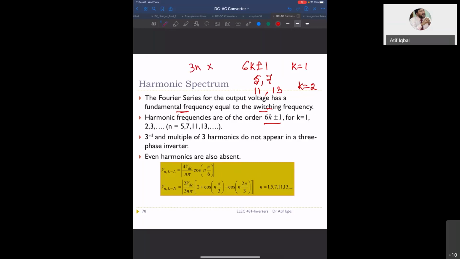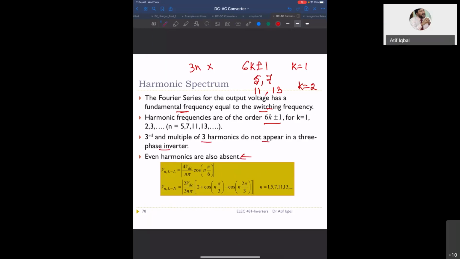In a 3-phase system, you will not have 3n because they cancel each other out, even in the line to line. That means 3, 9, 15 will not be there. So third and multiples of third harmonic do not appear in the 3-phase inverter. And even harmonics are also absent. There is no second, fourth, sixth, because there is no asymmetry in the waveform.